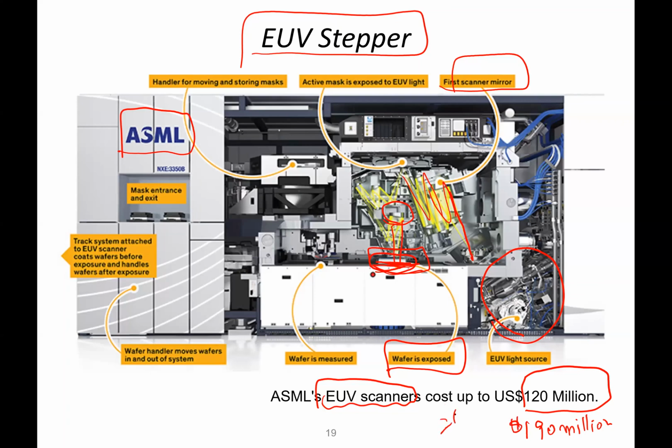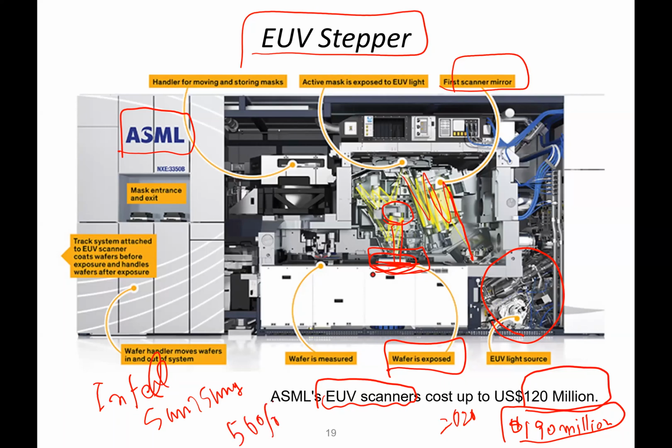In 2020, very close to the whole university budget is applied to have this one system. Now the industry, Intel or Samsung, they spend around 50% of their money to have this lithography tool, the scanner.